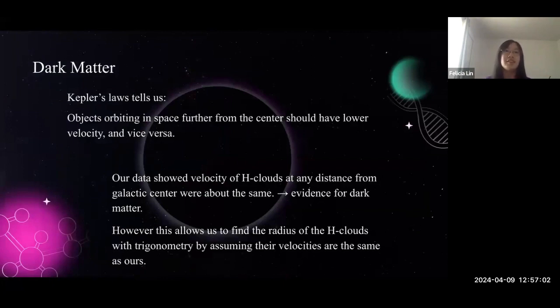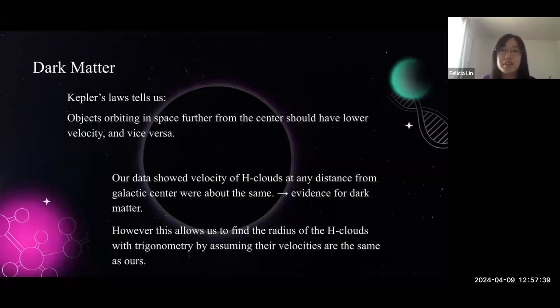This leads to another subject about dark matter, because Kepler's laws tell us that objects orbiting in space further from the center should have lower velocity and vice versa. But our data showed that the velocities of the hydrogen clouds at any distance from the galactic center were about the same. And that means for every longitudinal data that we've collected, our line of sight would correspond to a radius.